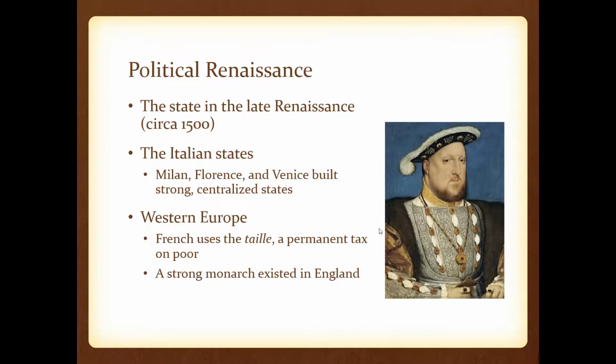And in England, because they are late to the party, they are able to actually have a strong central monarch and a strong central government even before the riches of the Renaissance come in. And so the strong monarch begins to eye the continent, begins to become a patron of the art.